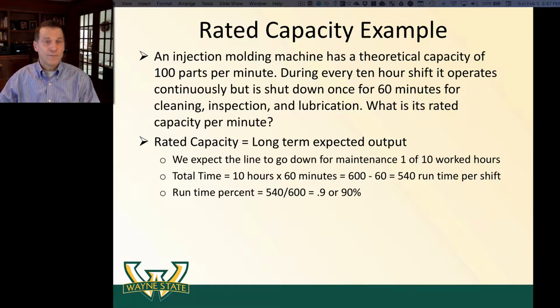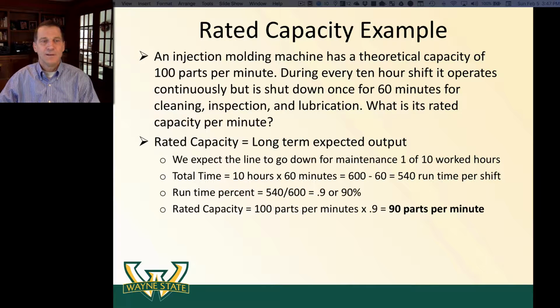So 540 of runtime divided by the total is 0.9 or 90%. Our rated capacity equals the theoretical capacity of 100 parts per minute times 0.9 or 90%, so 90 parts per minute.